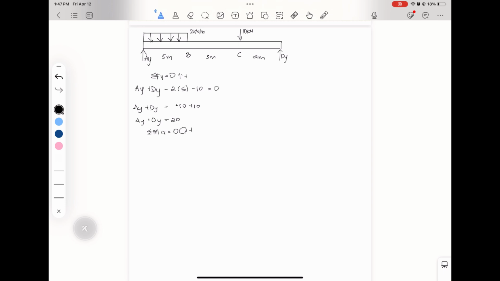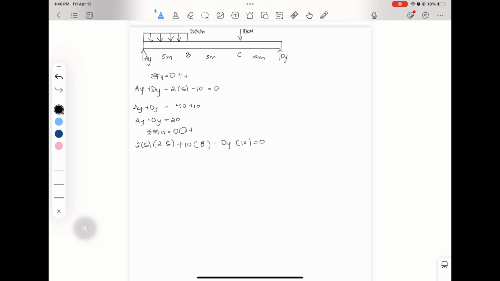So for the first force, it's positive because it's clockwise, so 2 multiplied by 5, and the middle is 2.5. The next is the 10, it's also positive, so plus 10, and the distance is 8 meters. You have to put the meters. And then for DY, it's counterclockwise, so it's negative DY, and it's 10 meters. So that equals 0.